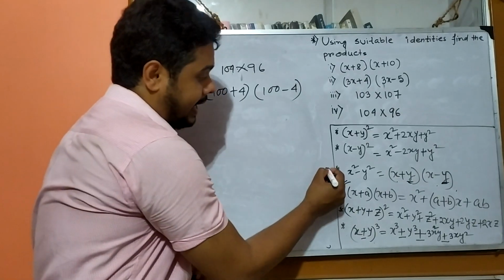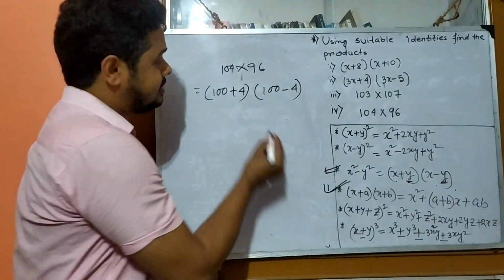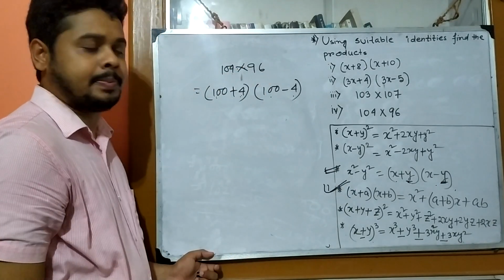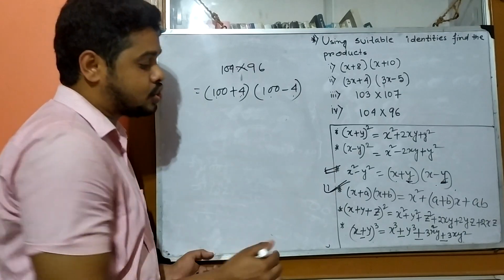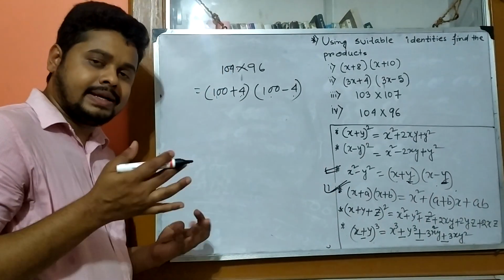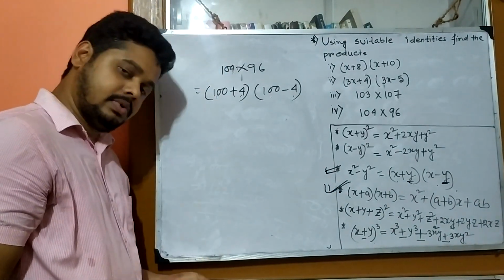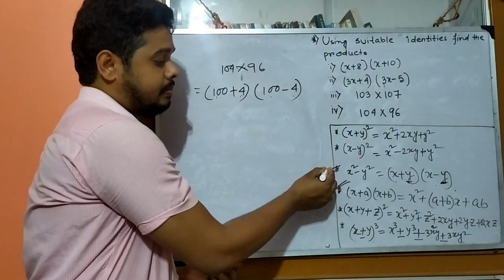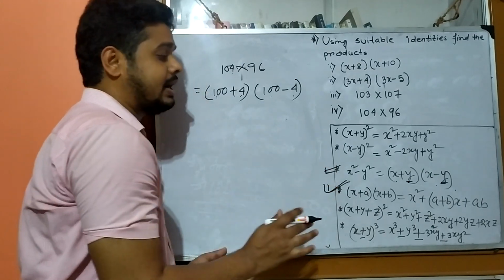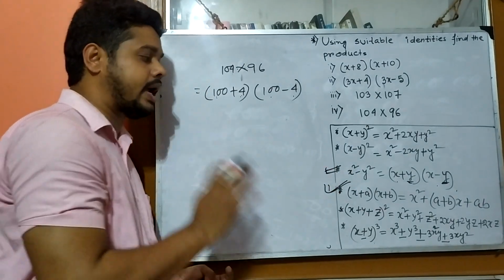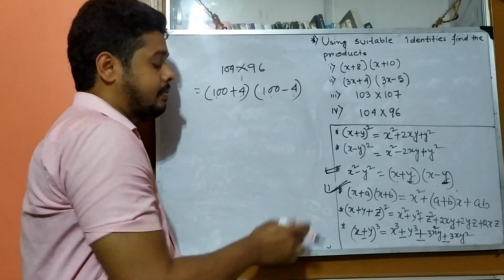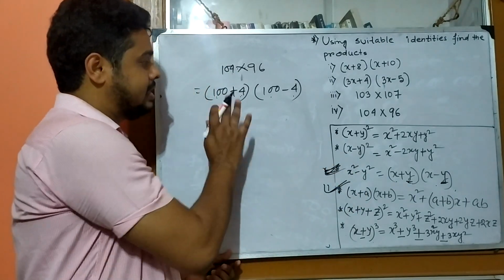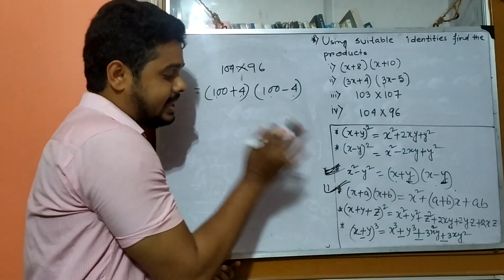This time we have to apply that identity, because it is in the form x plus y, x minus y. If anyone wants to apply the other identity, that is also no problem. Clear? You can use either identity, because both identities will give us the right answer. But we have to apply this one, because this one will be much easier.